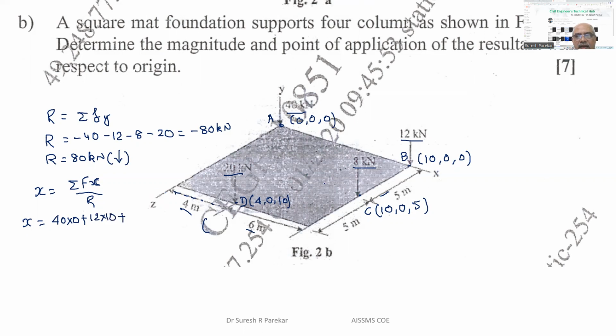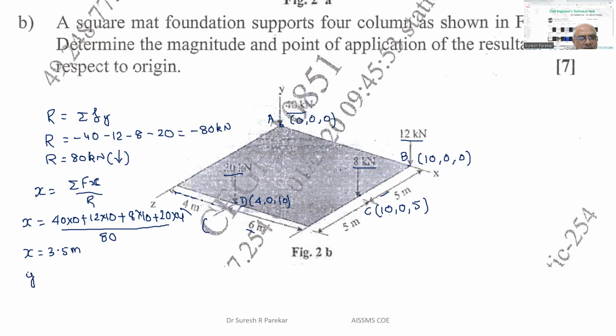Then we have third, that is 8, 8 into again 10. And then we have fourth, that is 20, 20 into 4. And divided by R, which is 80. And if we solve this, we will get x equal to 3.5 meter.